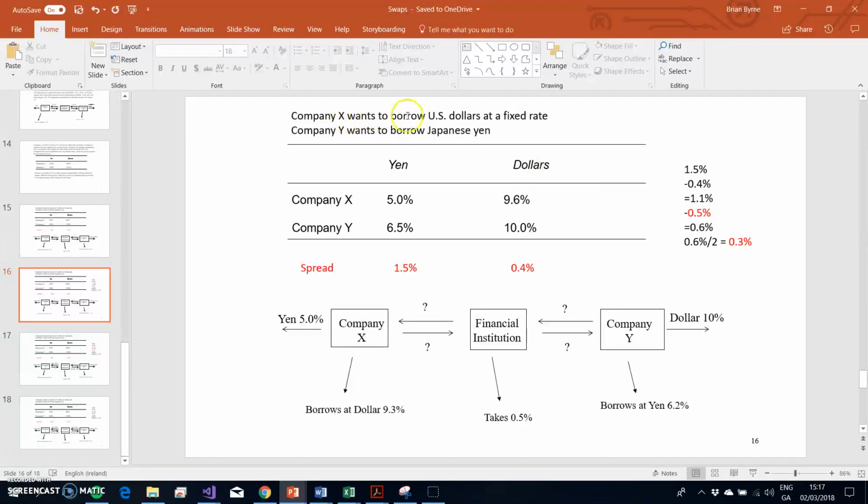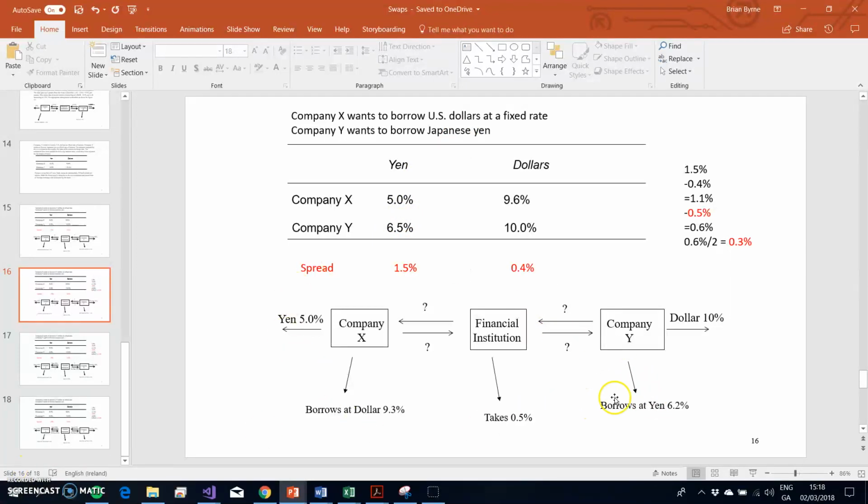So if X wants to borrow US dollars, the original quote of 9.6 we should be in a position to reduce to 9.3, and if Y wants to borrow yen, then we should be able to bring that yen rate down to 6.3.